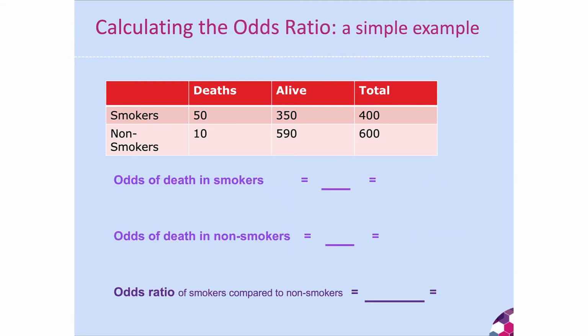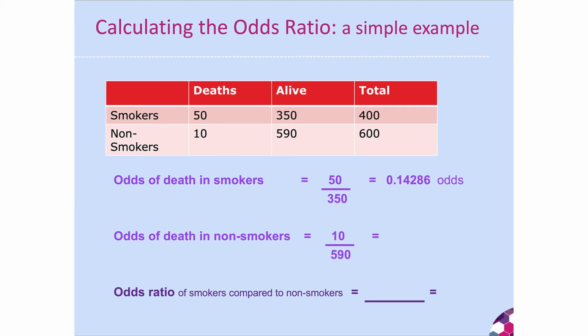Now let's look at the same example but calculate the odds ratio. The odds of death in the smokers is going to be, again you can pause this and work it out yourself, 50 divided by the number of smokers who are still alive, which is 350, gives us 0.14286 odds, and the odds of death in non-smokers is 10 divided by 590.